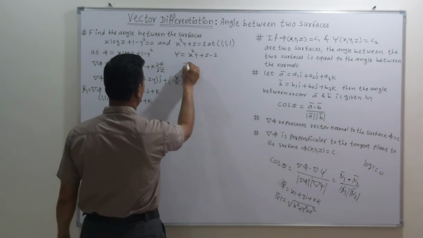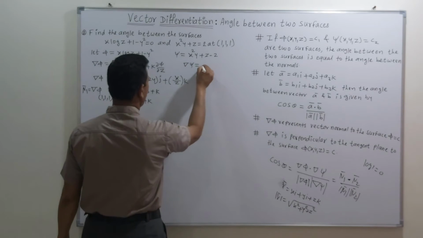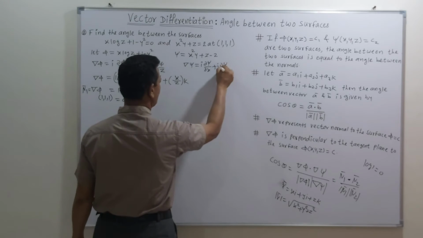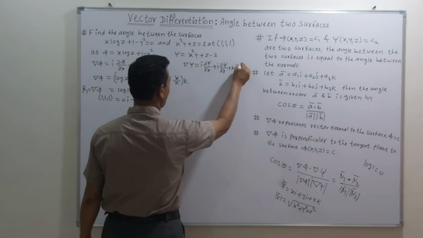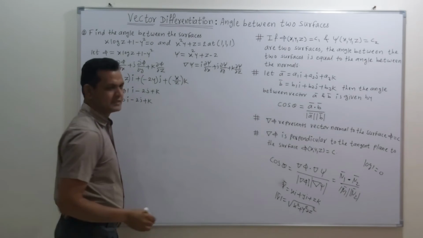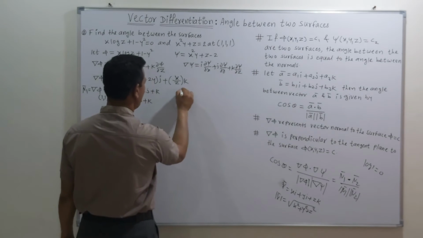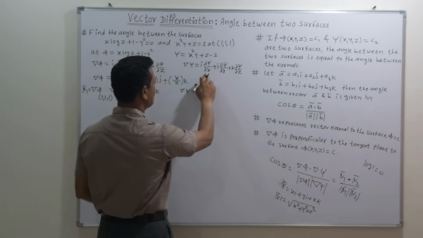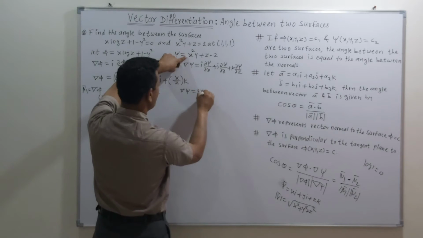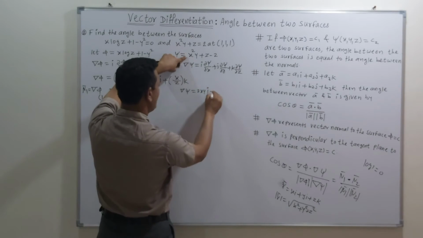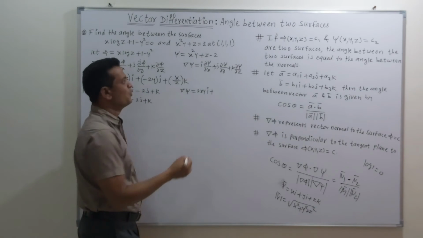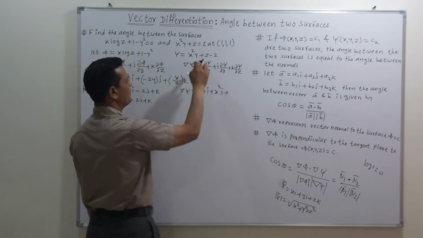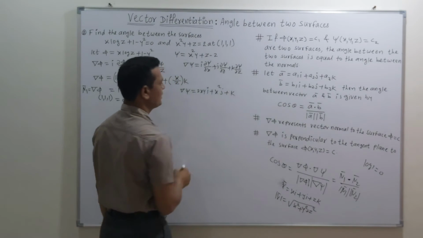Similarly, we can find the value of del psi, which is defined as i times the partial derivative of psi with respect to x, plus j times the partial derivative of psi with respect to y, plus k times the partial derivative of psi with respect to z. The partial derivative of psi with respect to x is 2xy into i, plus the partial derivative with respect to y, which is x square into z, plus the partial derivative with respect to z, which is 1 into k.